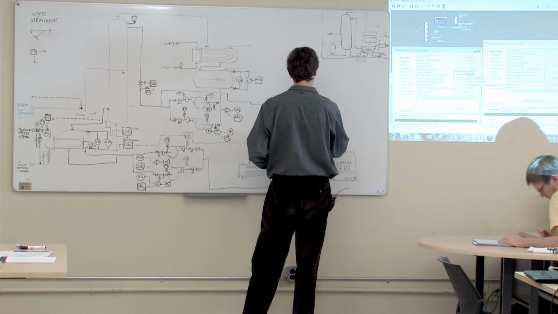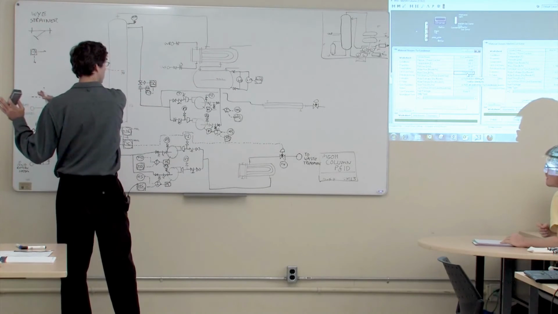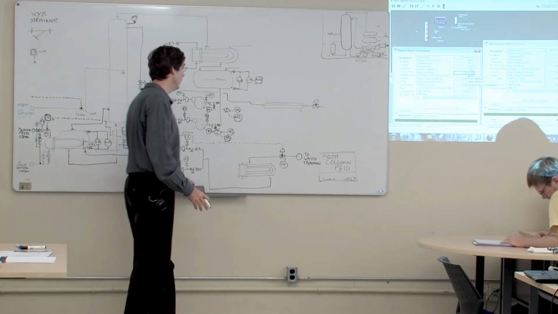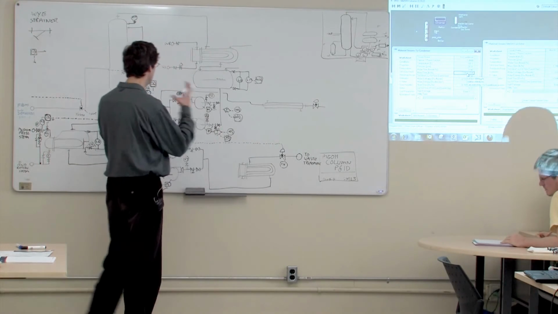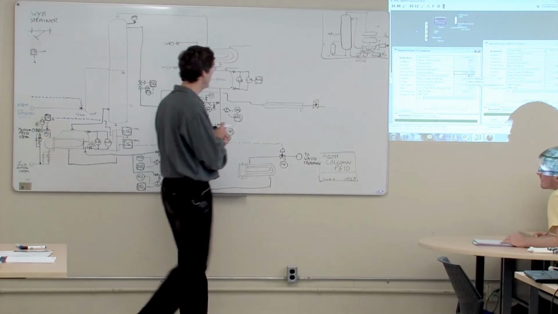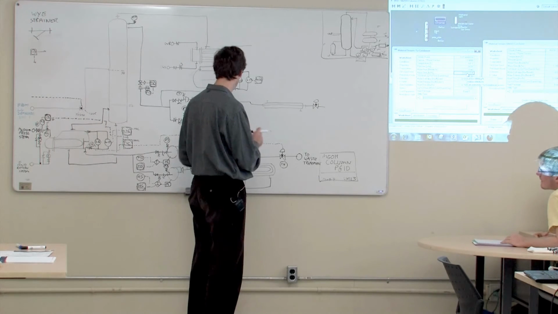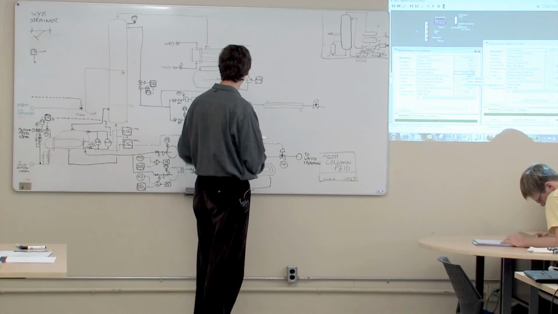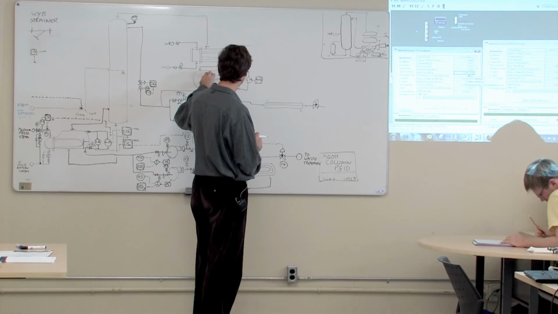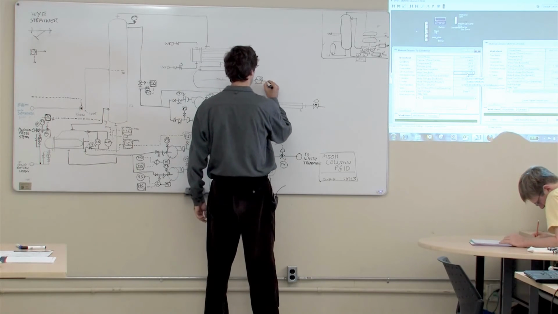Let's make that fail close because that's going off to a storage tank, and the last thing we want to do is send too much material into a storage tank in an uncontrolled fashion. So we're just going to bottle up the distillation column. And we've got fairly good residence time in here, so I don't think we need super amazing control on there.